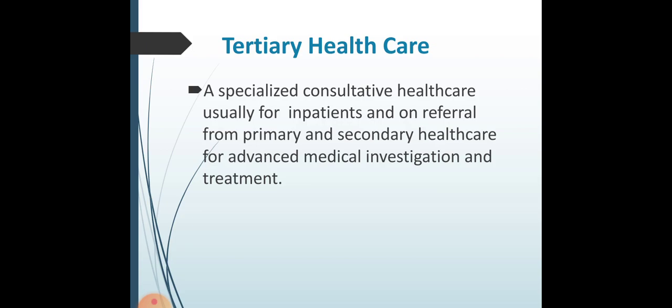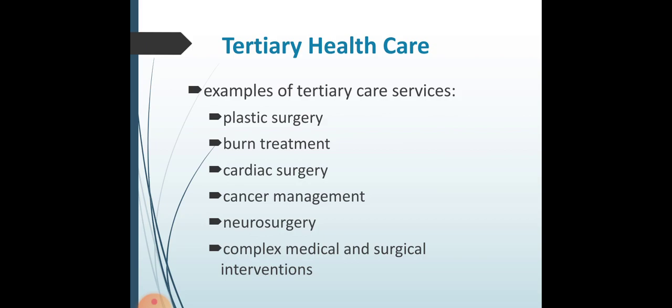So, they are more specialized compared to the primary and secondary. So, here are the examples of tertiary care services: plastic surgery, burn treatment, cardiac surgery, cancer management, neurosurgery, complex medical and surgical intervention.